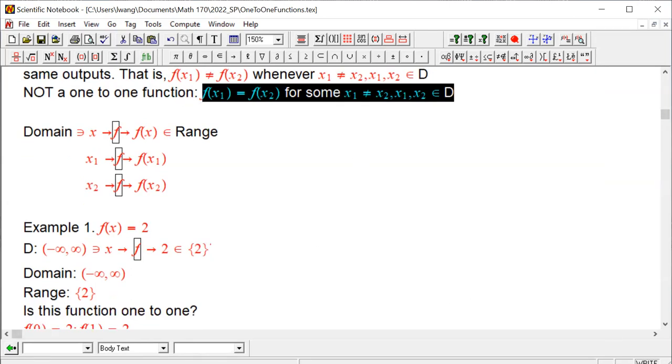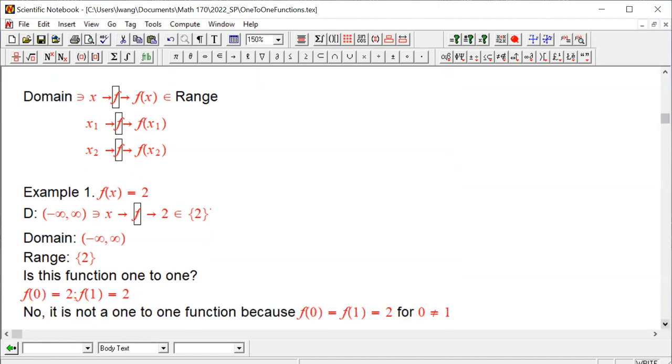So we're going to apply this in this situation here, because for a function not to be one-to-one, I don't need to demonstrate that for every pair of different inputs, the outputs are the same. Even though it is true in this case, we really just need one case.